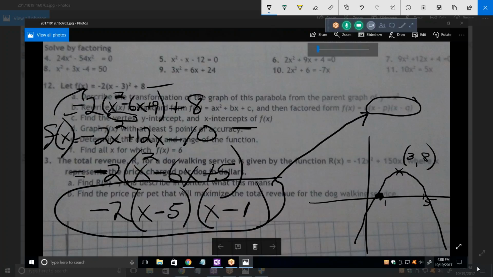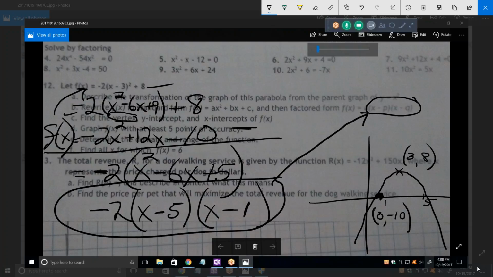What's the x value when you're on the y-intercept? 0. Correct. So let's go to the function in standard format. Substitute 0 for x. What do you get for y? Negative 10. That's the y-intercept.